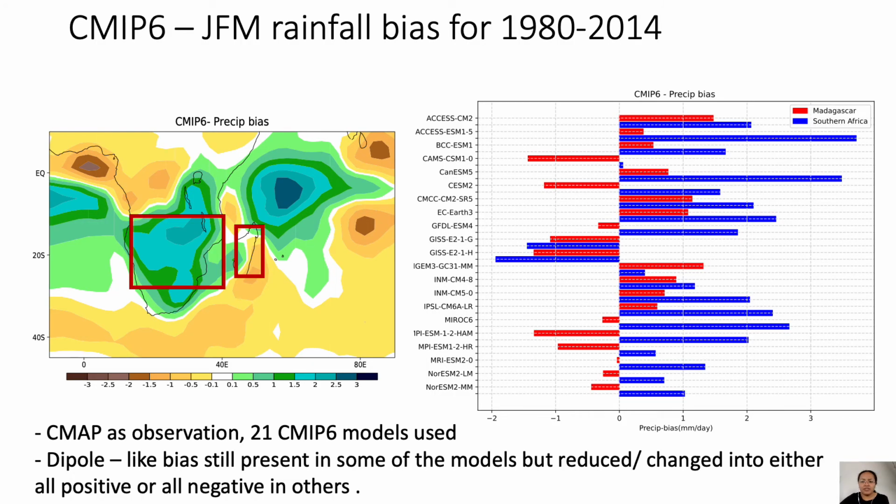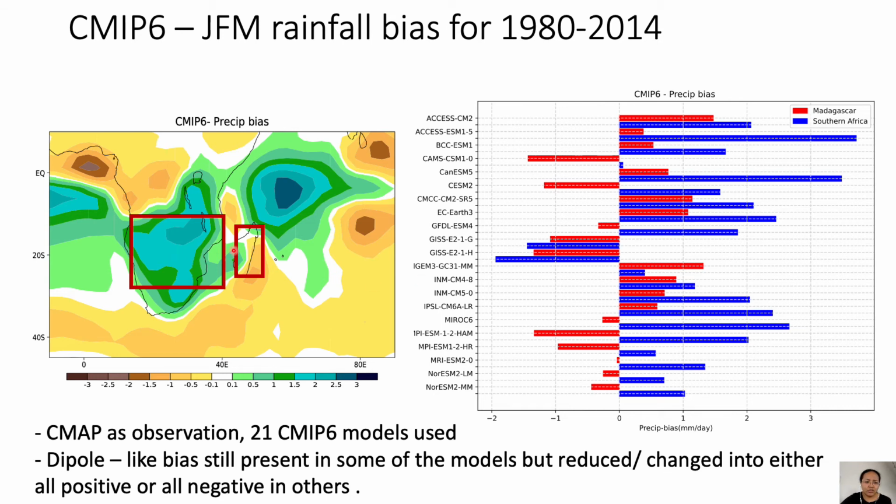Now, if we look at the rainfall bias in the models, the map on the left here shows the bias in the ensemble mean. This is actually a bit different from the usual CMIP ensemble mean bias, because the wet bias is strongly extended toward Madagascar, and the dry bias over Madagascar seems to be decreased or becomes positive in some of the models.